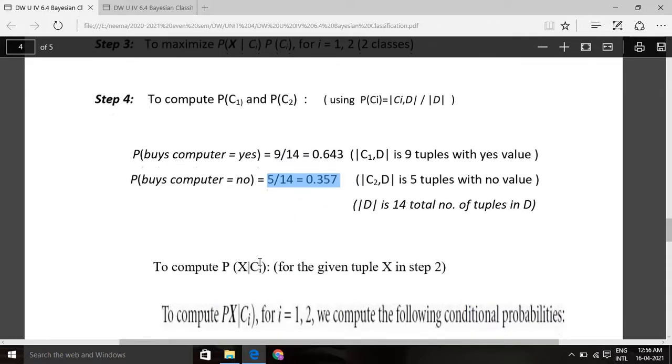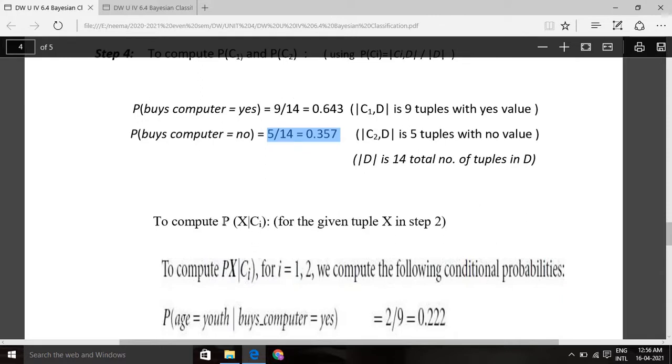Next we compute the probability of X given Ci.